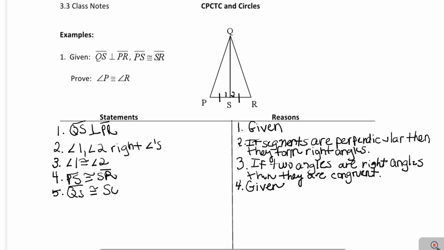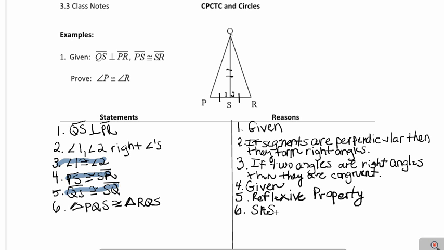You should notice that they both share a side. They share side QS. So the third corresponding part would be that segment QS is congruent to segment SQ by the reflexive property. Now we have enough information to prove the two triangles are congruent. And do make sure that you label the triangles correctly. The corresponding angles and sides must line up.